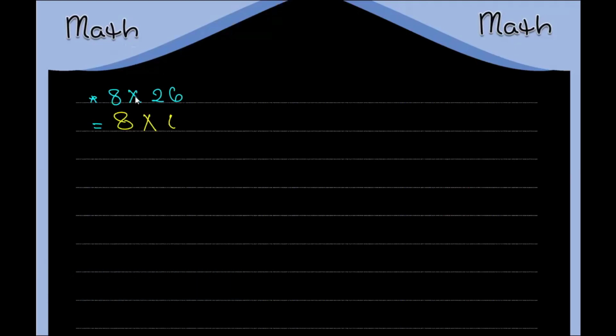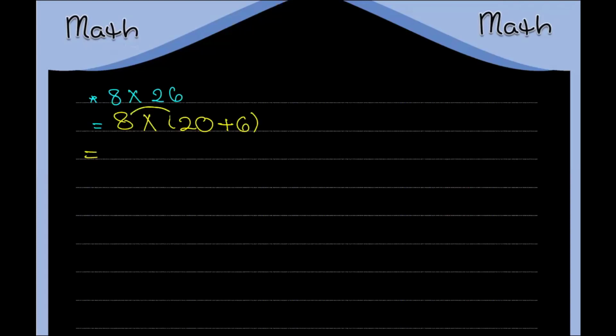Tens. What is the value? Not the place value. Value. 20. Plus, what is the value of 6? 6. So now use the distributive property.